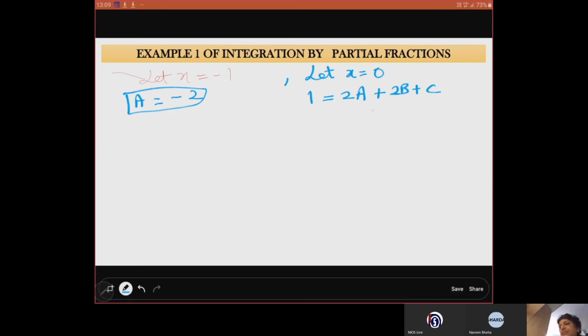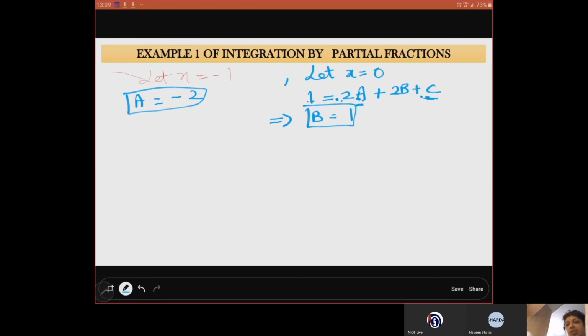So substitute the values of a and c. You would get the value of b as 1, because 2 into minus 2 is minus 4, plus 3 is minus 1. Okay, so 1 plus 1 is 2, 2 by 2 is 1. So you get the value of b to be 1.